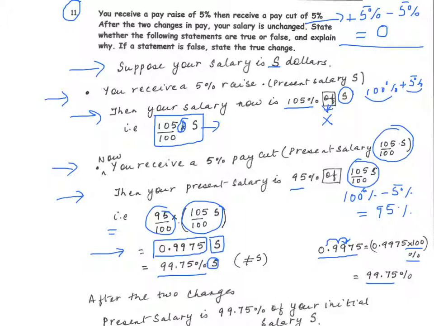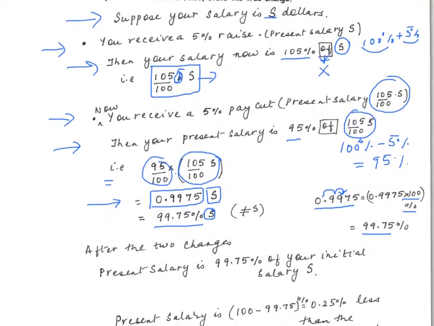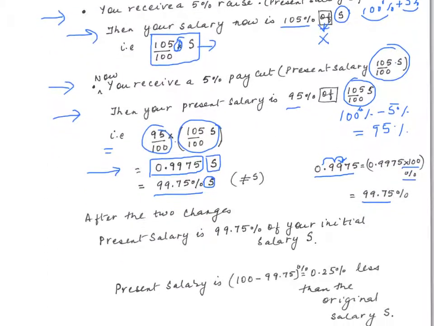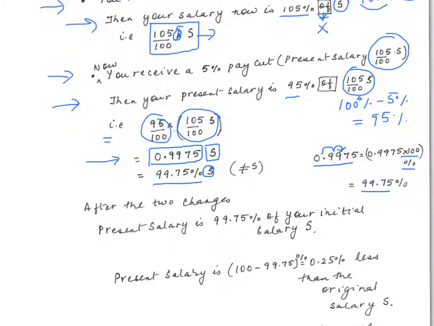So after the two changes, what you'll notice is that your present salary is 99.75% of your initial salary before any of the changes happened, and that is S.